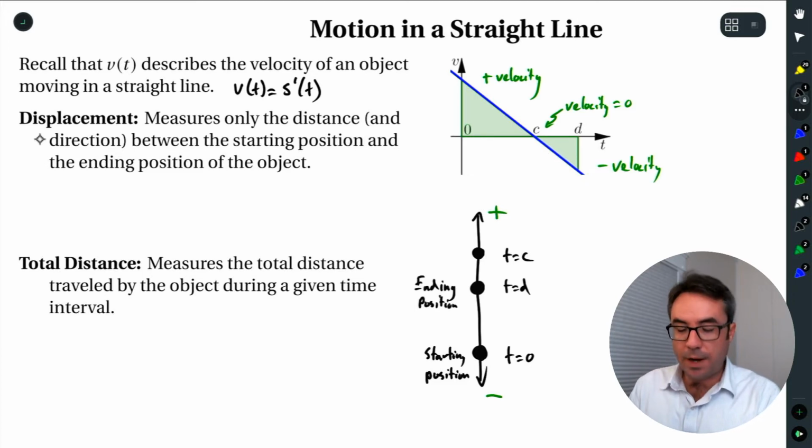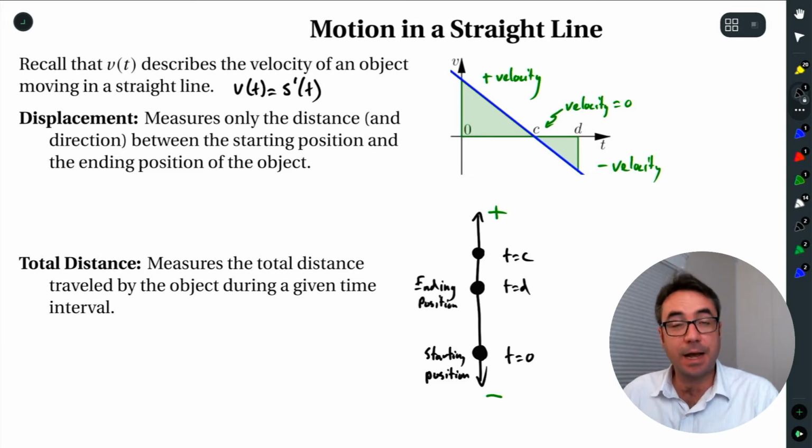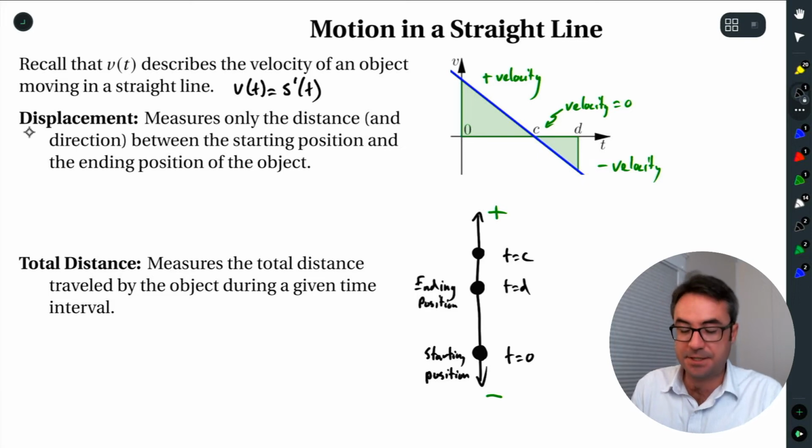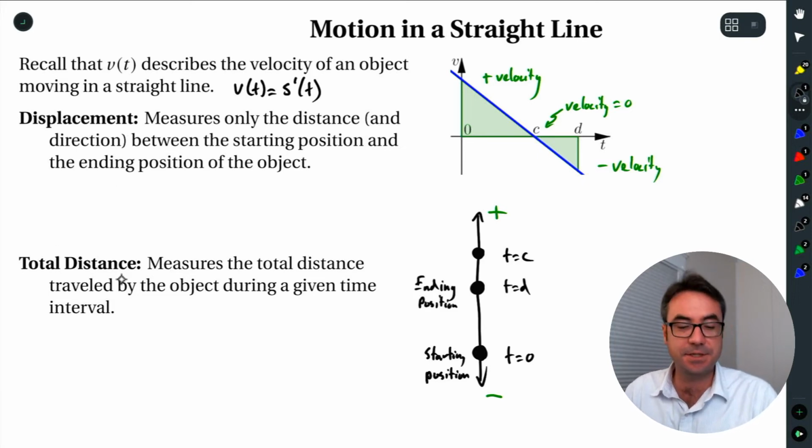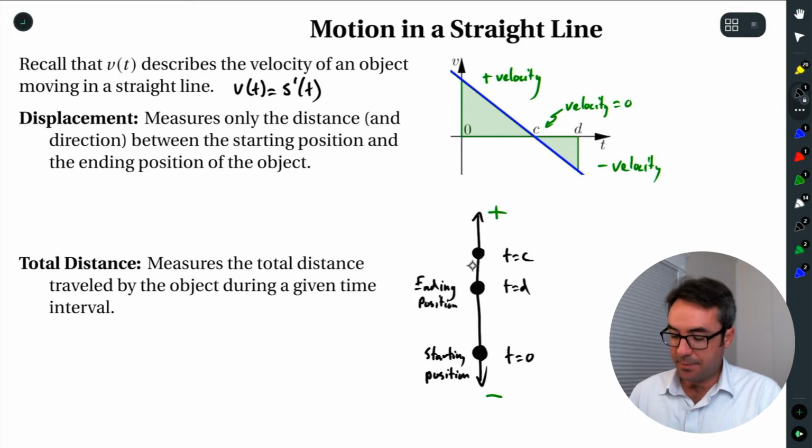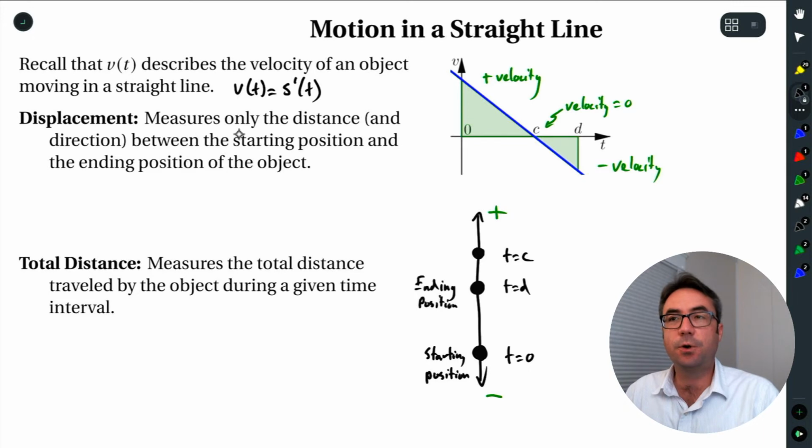The two quantities we're going to be interested in for an object that's moving around are displacement and the total distance traveled. Let's think about displacement based on these different positions here. Displacement measures only the distance and the direction between our starting position and the ending position of our object.